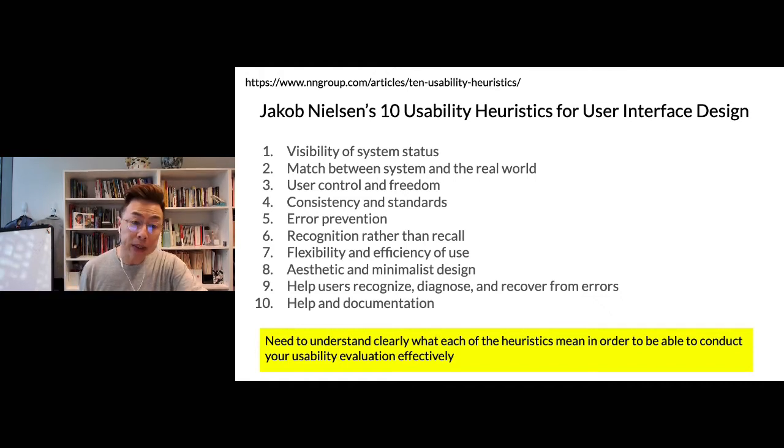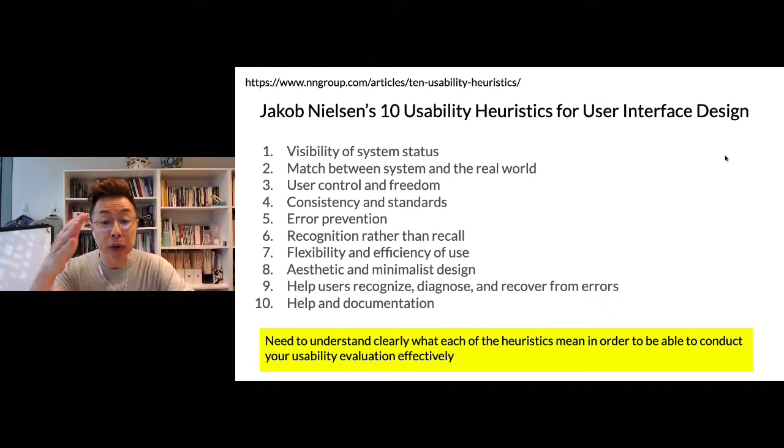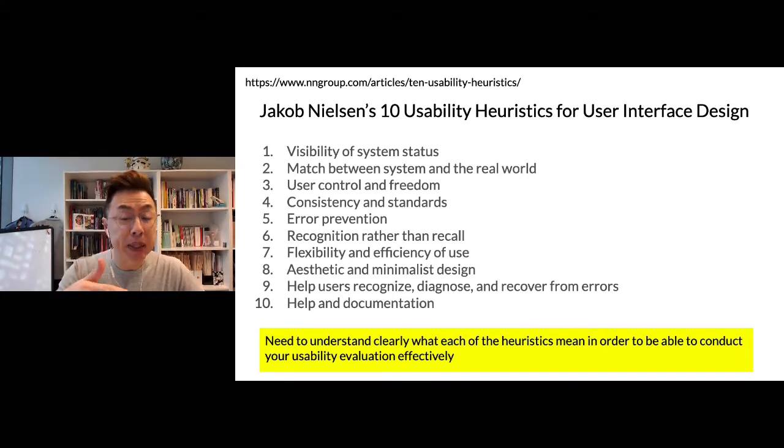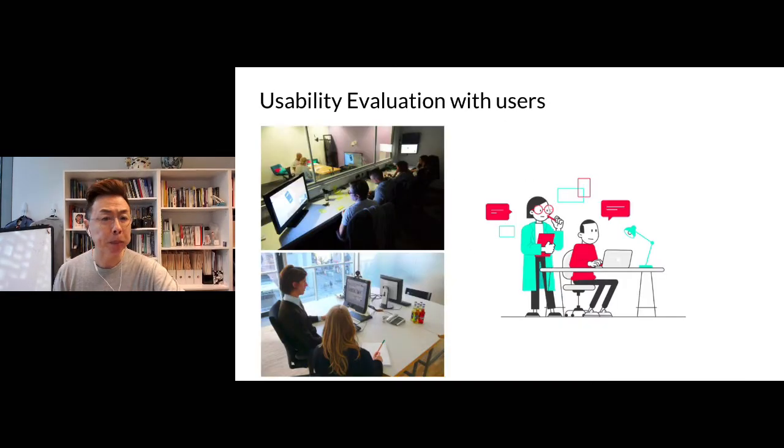But your job is to understand clearly what each of the heuristics means, because when you do your usability testing with your users, you should be able to find out why and match it with the particular heuristics the user has a problem with in terms of design.